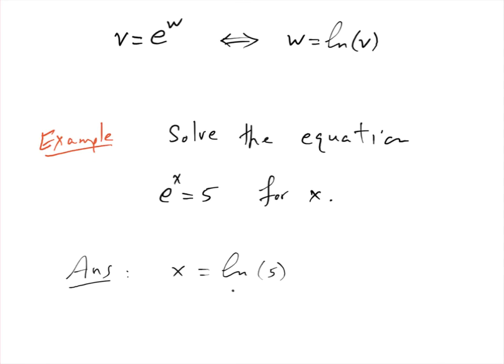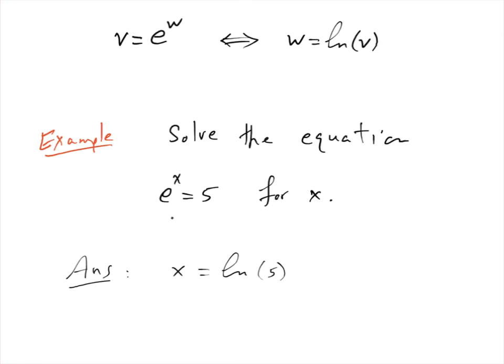The exact value of it is just ln of 5. Just like the exact value of e is e. e is approximately 2.7, and you can get more accurately by using a calculator with several decimal places. But we don't want to do that here. We just stay with the exact values of these values.